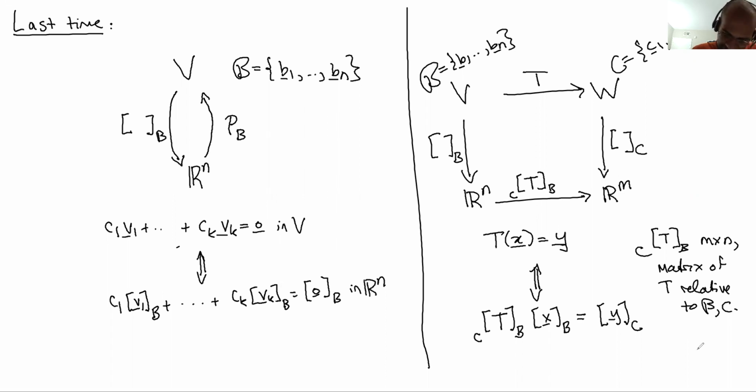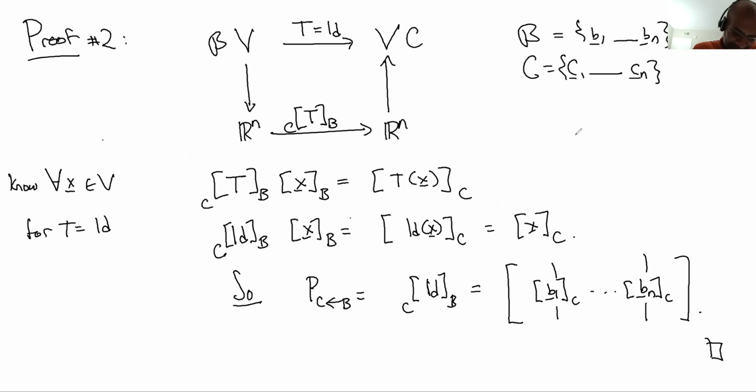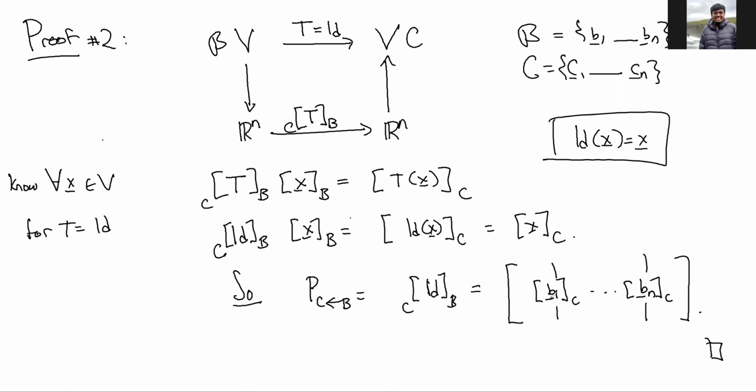This matrix was literally T of B1 in the C basis up to T of Bn in the C basis. That's just what a matrix of a linear transformation is. And what we did in this case is we took the identity transformation, which does nothing, and so we just got the change of coordinates matrix. Okay, that makes sense. Yeah, thank you.